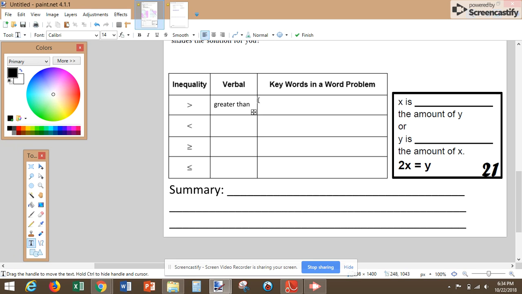And some key words that you may find in a word problem for this one would be more than, bigger than, stuff like that. This next symbol is less than. You see words like smaller than.